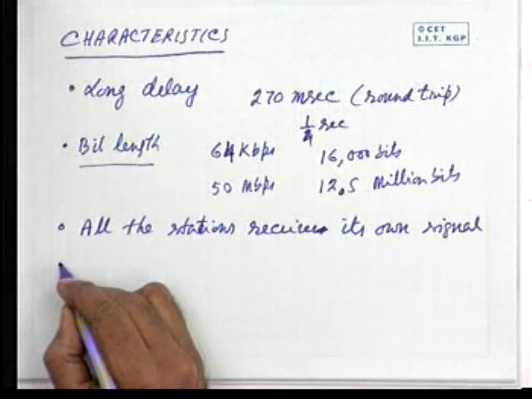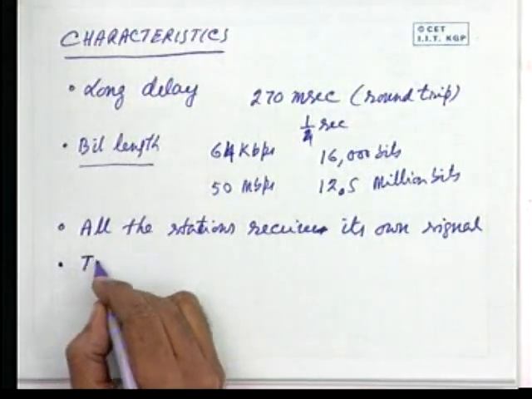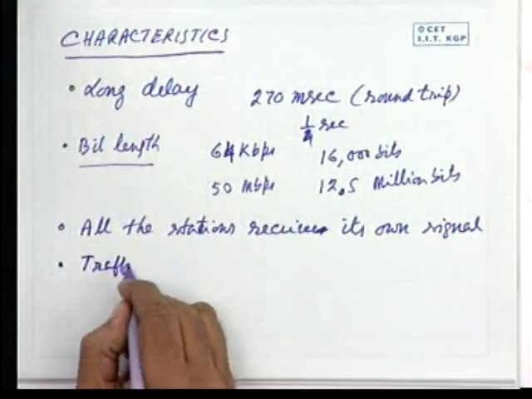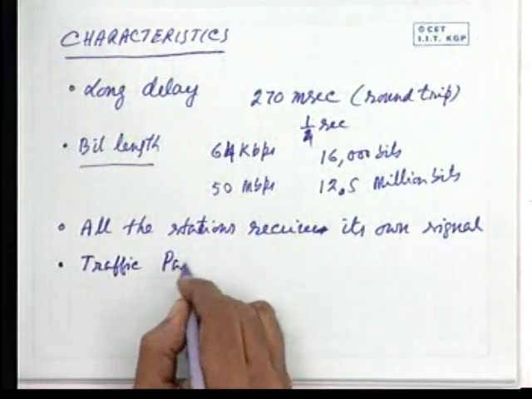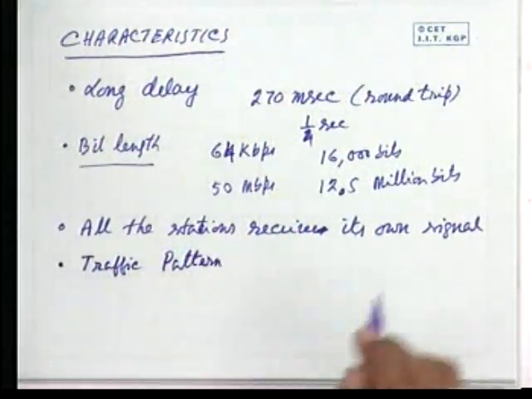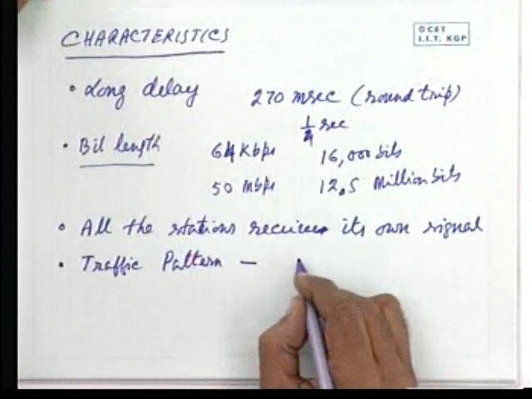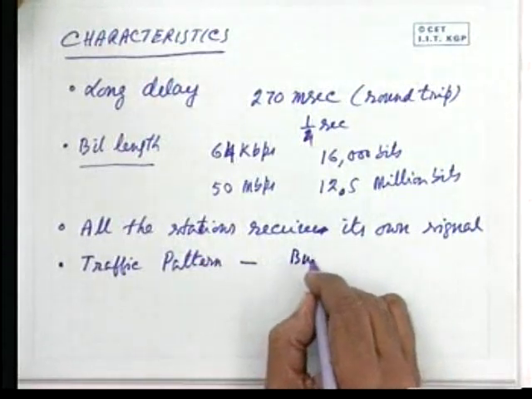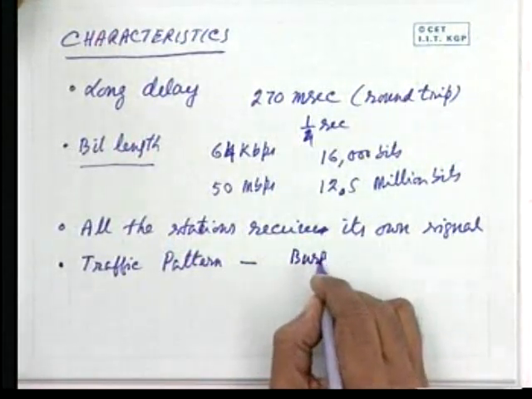Now, another point that you should look at is the traffic pattern. A communication satellite is used for various purposes, for the communication of telephone signals, TV signals, data. So all the different kinds of traffic are sent, and they can be broadly divided into two types. One is, as you know, bursty.